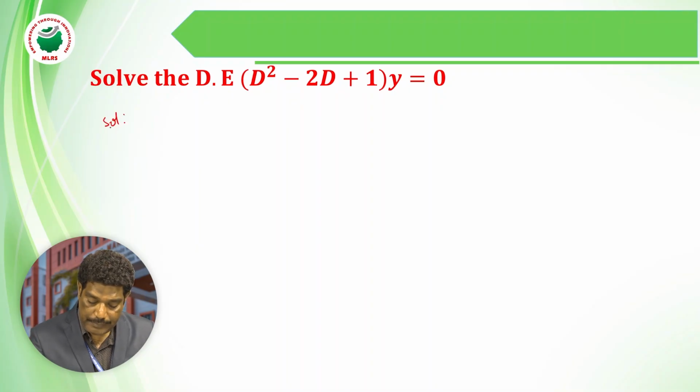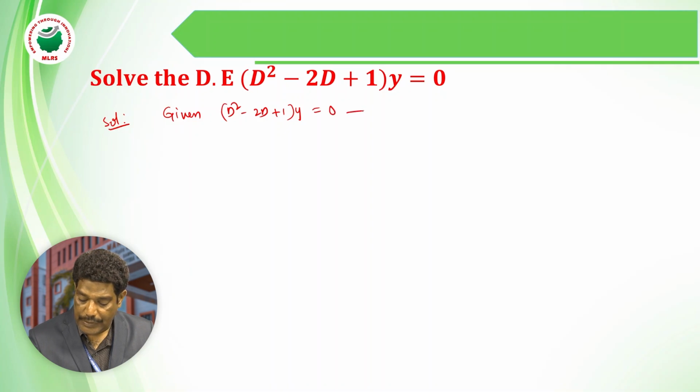Solution. Given differential equation, (D square minus 2D plus 1) into y equals to 0. Take number 1. Next, here I am writing f of D into y equals to 0.